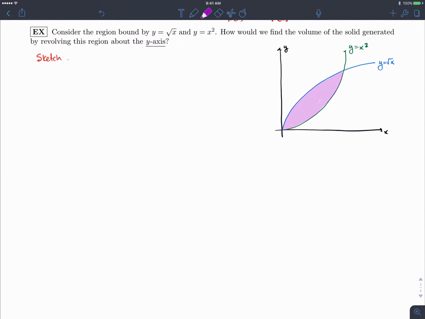Okay, now one thing that we have not done yet is we have not drawn our cross section. Now I mentioned this before, but I think it's probably worth explicitly writing it out.